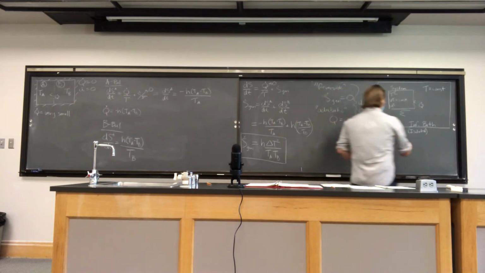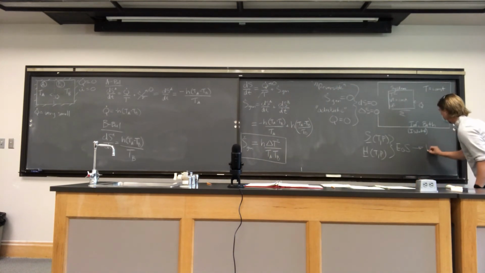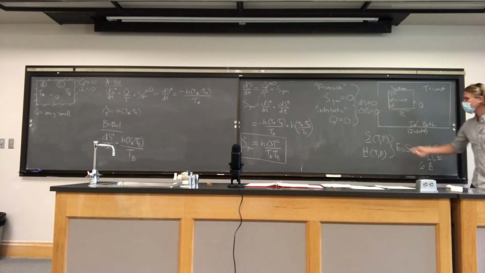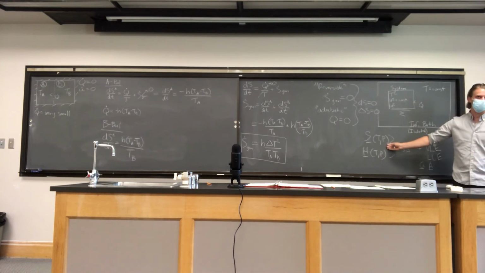And then in the future, we're going to use this equation of state to do something like vapor-liquid equilibrium or liquid-liquid equilibrium, which is going to necessitate understanding the Gibbs energy or the Helmholtz energy, which are really just manipulations of these terms themselves.